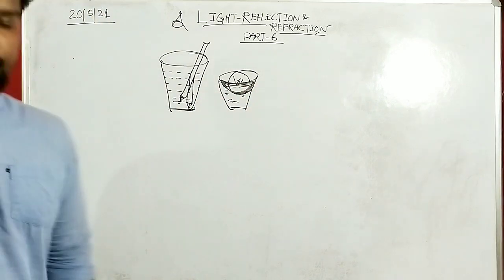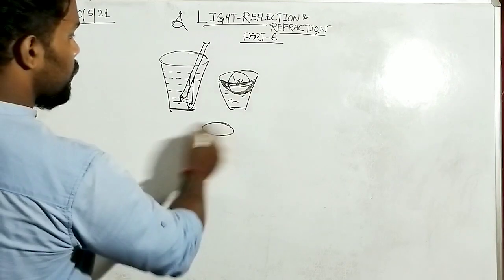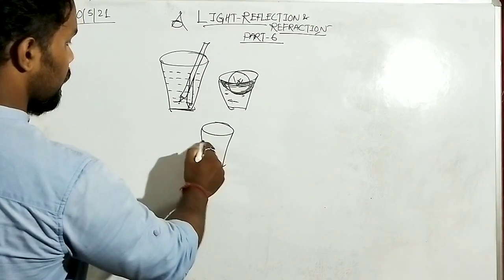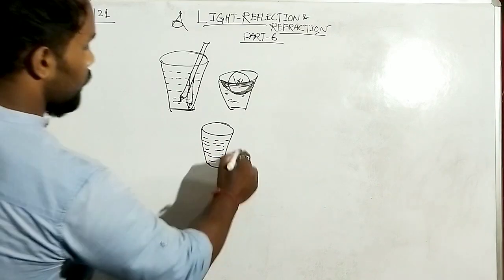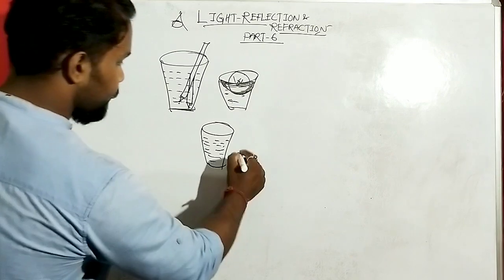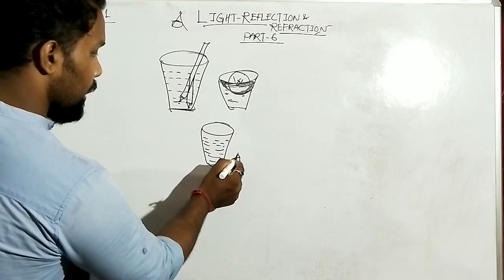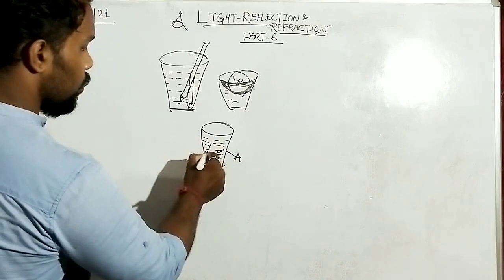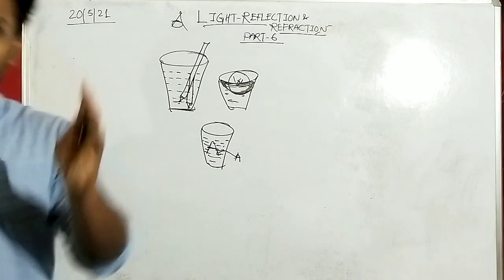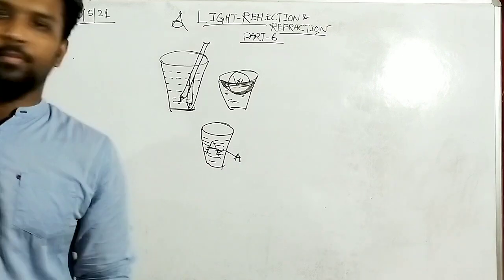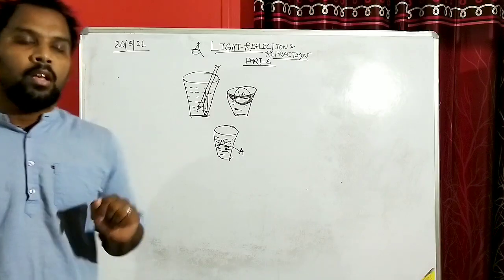This is one observation. Consider one more example, where the glass is completely filled with water. If I bring a letter A here, it looks bigger in size. These are quite simple observations. You can do it in your home, and you will observe what I am saying.